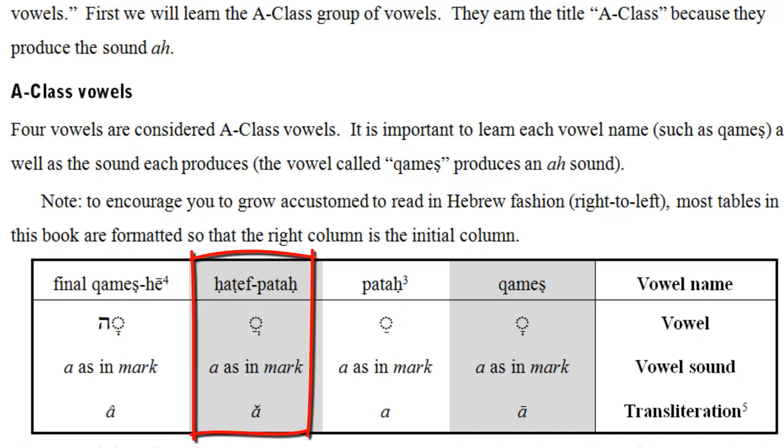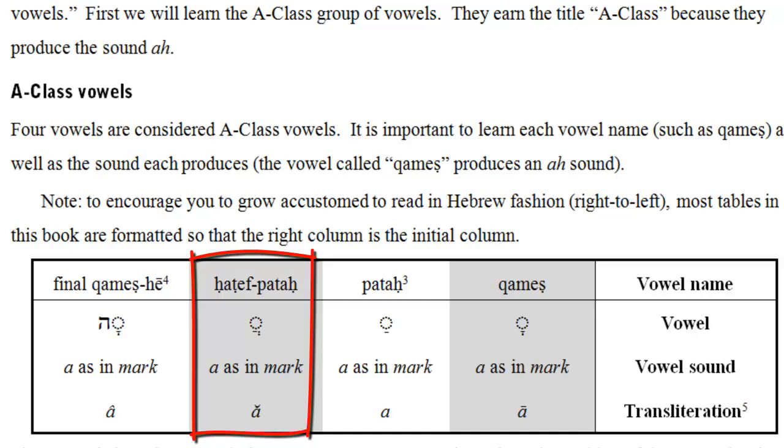The third vowel is called chatef patach. Chatef patach. In this vowel name, we see several letters which have a dot beneath them. The dot beneath the H is again similar to a CH, a rough H. The T with a dot under it represents yet another Hebrew letter that you will learn, which does not have an exactly corresponding English sound.